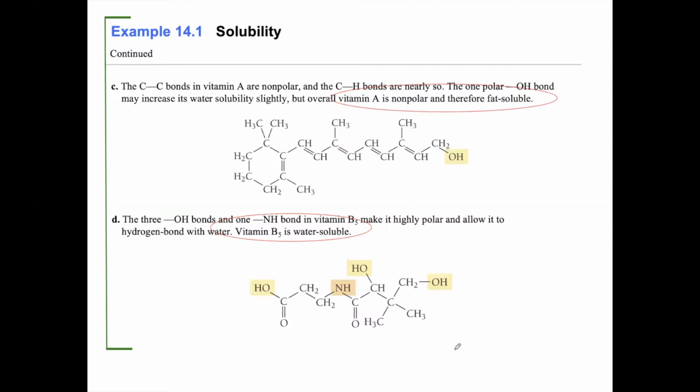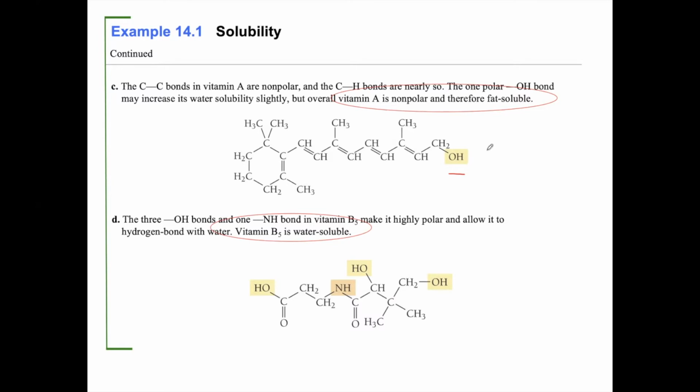For vitamin A, where we have a lot of carbon and hydrogen bonds, and in this case, we do have an oxygen and a hydrogen, but it's only a small part of this huge molecule. The molecule is really dominated by the carbon-hydrogen bonds.